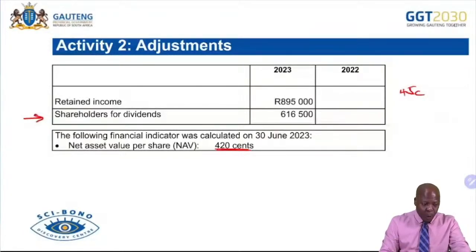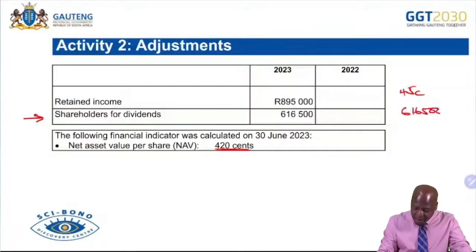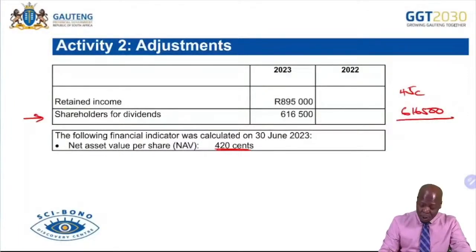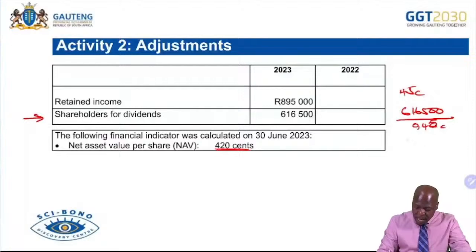So they wanted us to calculate the number of shares here. So what one would do was to come and say, my 616,500, if I divide this by the final dividend per share of 45 cents. Remember, we had that 45 cents in the previous slide. That would give me the number of shares that were on hand to declare this final dividend, shareholders for dividends.